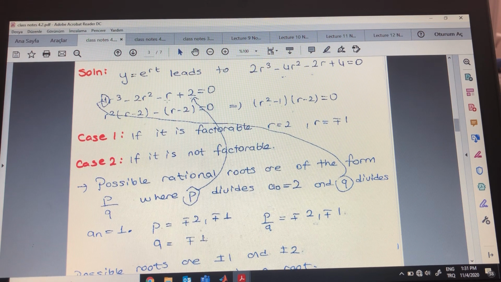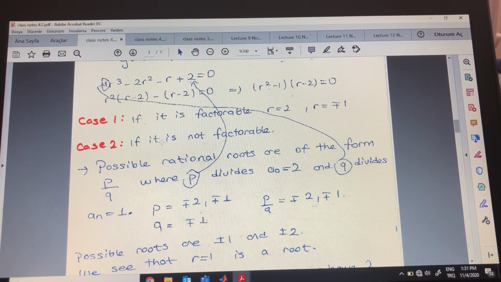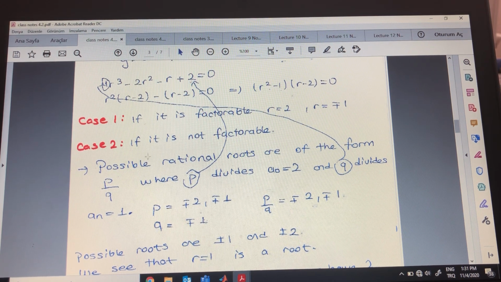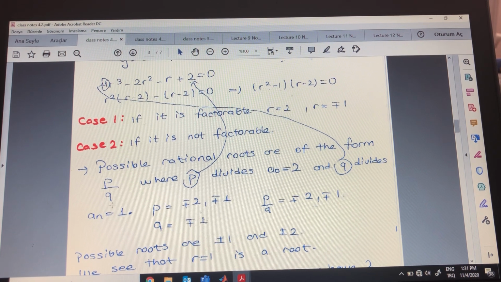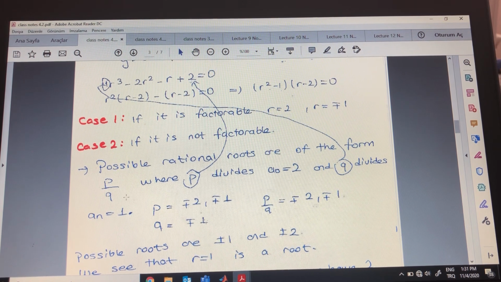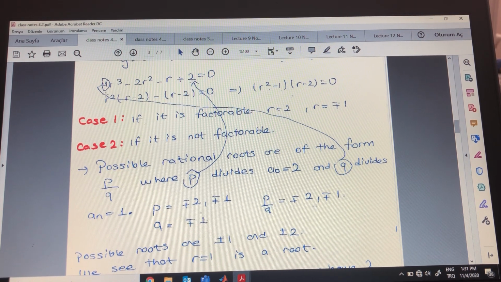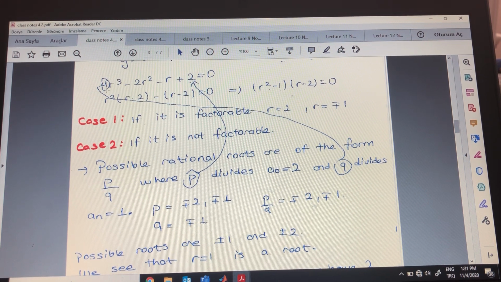But let's say you couldn't find the roots of this one. How do you find them? You need to check the possible rational roots by looking for p over q. What is p over q? P is the factors of 2, and q is the factors of a0, which means the highest term's coefficient.